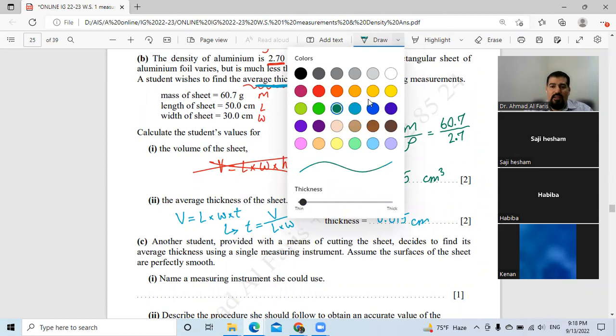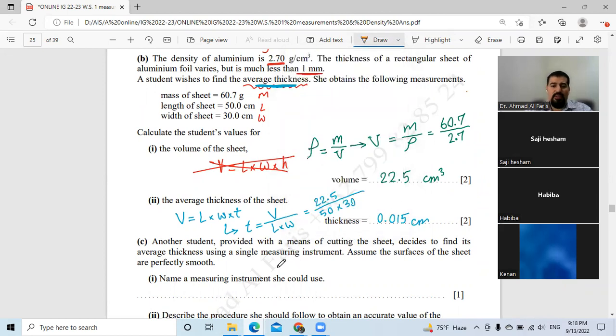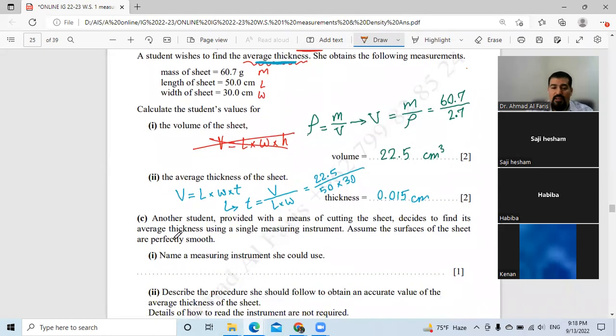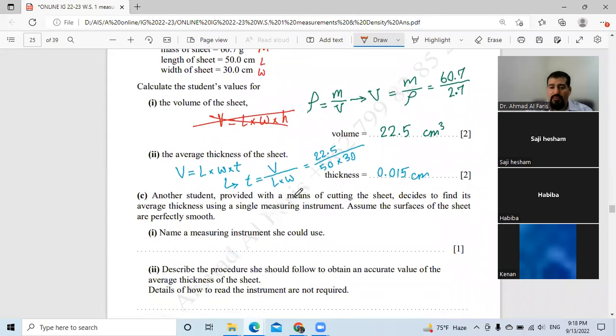Now, let's move on to part C of the question. Another student is provided with a means of cutting the sheet, like a scissor or whatever he wants, and decided to find the average thickness using a single measurement instrument. I don't need the mass, the length, the width, I don't need these.